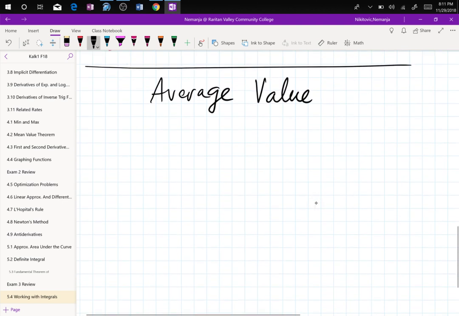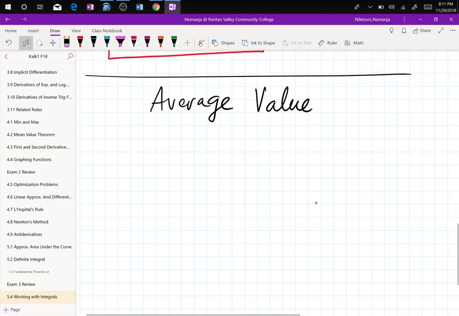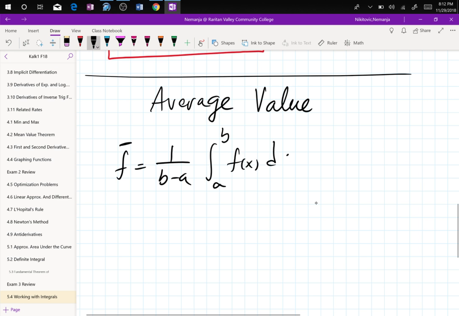So for average value, we are going to calculate f average as 1 over b minus a, integral a to b of f of x dx. So this is your average value.